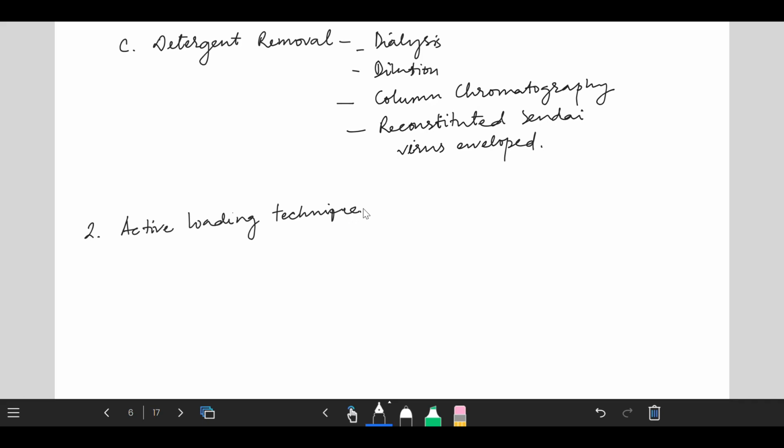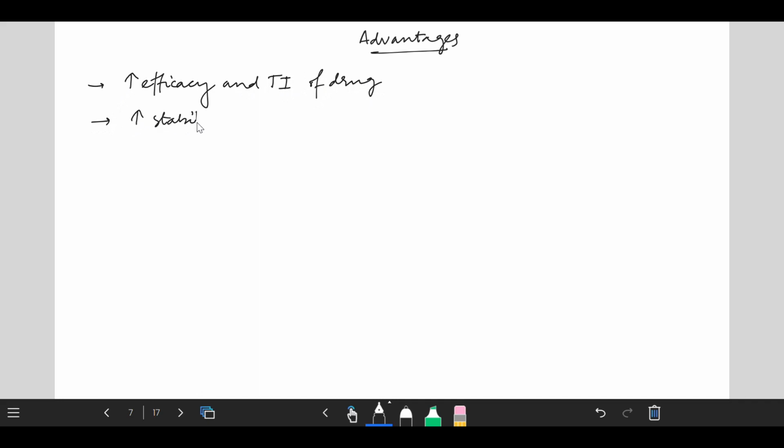Okay. Now, what are the advantages? Actually, this type of drug delivery system increases the efficacy and therapeutic index of the drug. Also, it increases the stability via encapsulation.